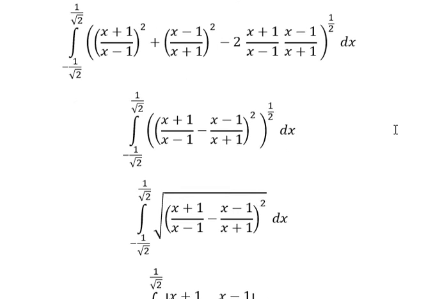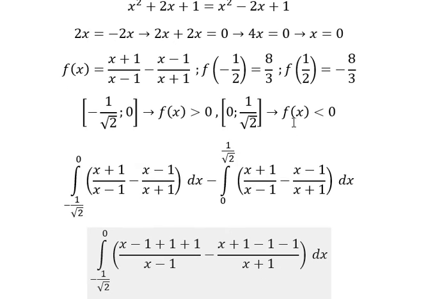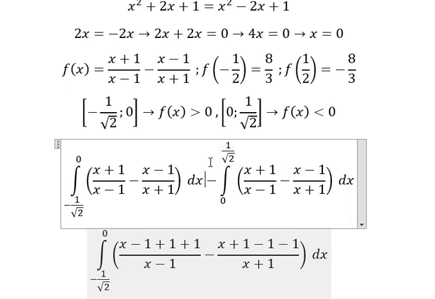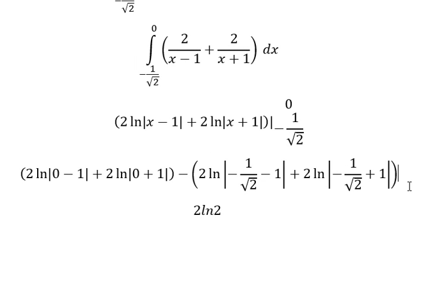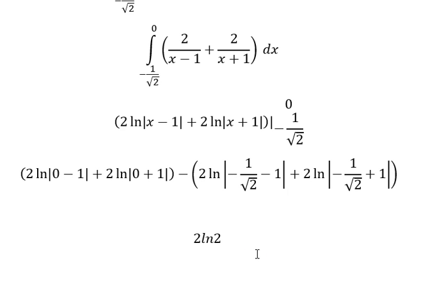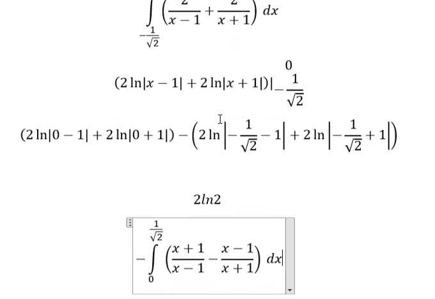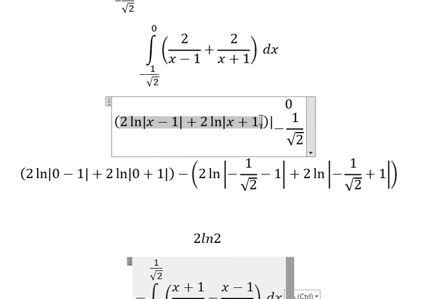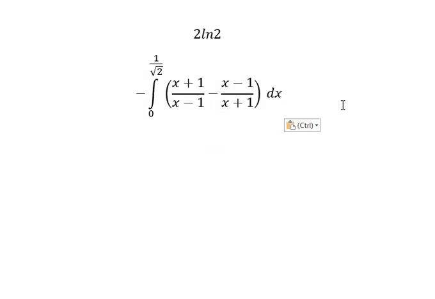Now we do the same for the next one in here, but we have the negative side. This integration we just calculated in here, but we have the negative.